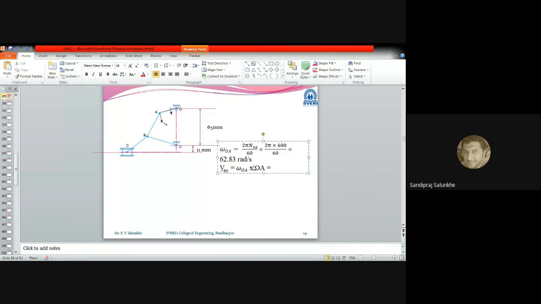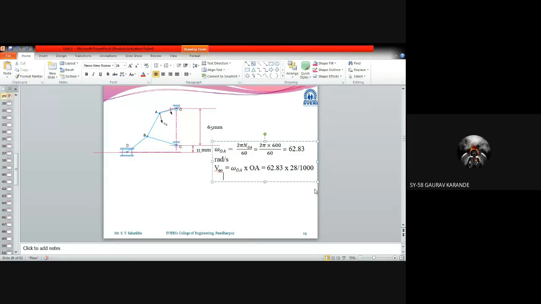So it will be 62.83 multiplied by the length of OA, 28 millimeter, divided by 1000. What value are you getting? So the velocity is 1.75 meter per second. Okay?